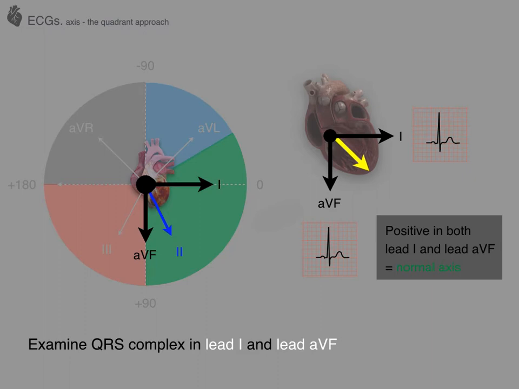Going back to our hexaxial system, both leads 1 and aVF read in the direction in which we would expect normal ventricular depolarization to occur. We can use this knowledge to look at the QRS complexes in both leads 1 and aVF. If the complexes are predominantly positive in both of these leads, we know that the patient has a normal QRS axis.